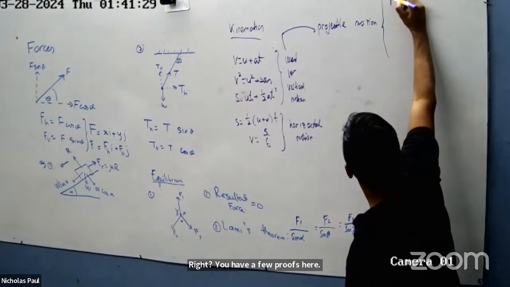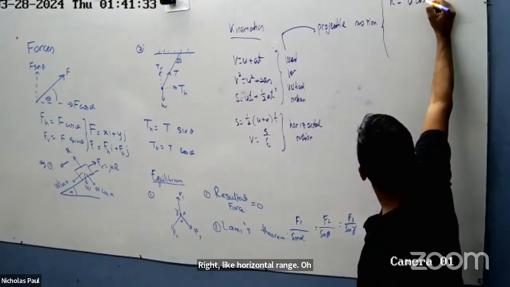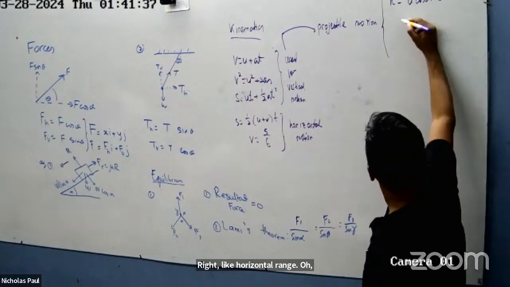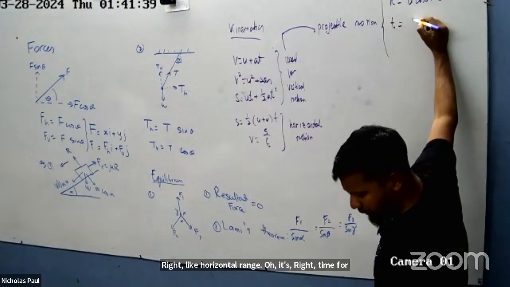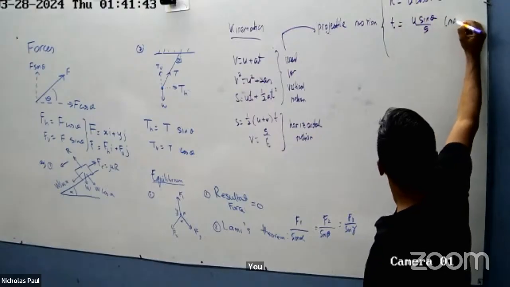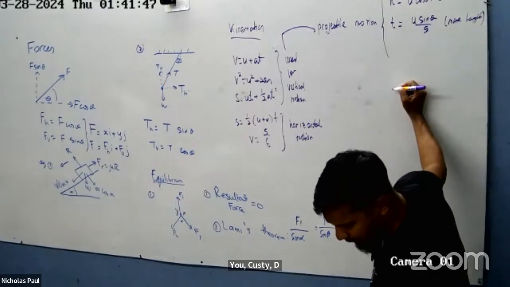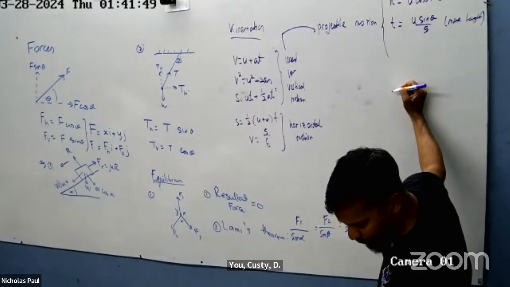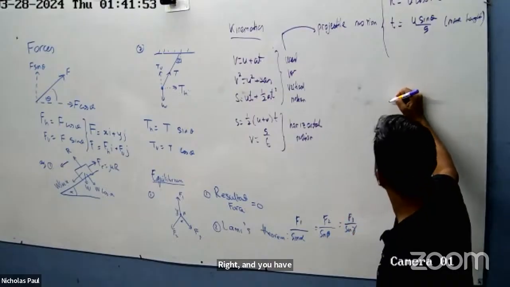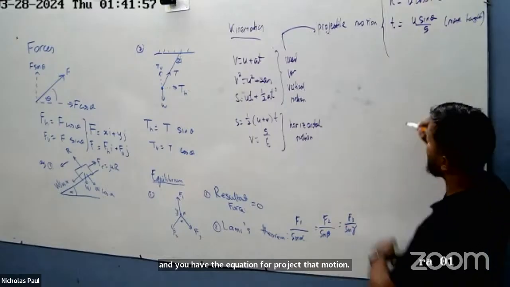Like horizontal range. Horizontal range is u cos theta times t. Time for maximum height is u sin theta over g. And you have the equation for projectile motion. R is the range, horizontal range.